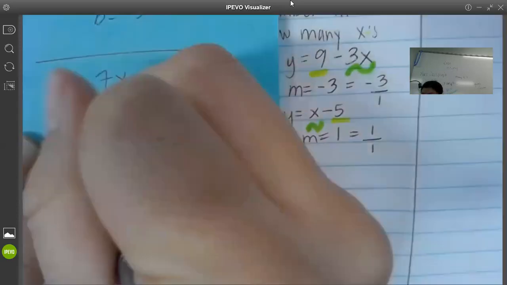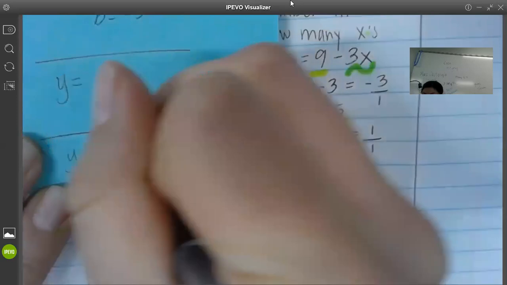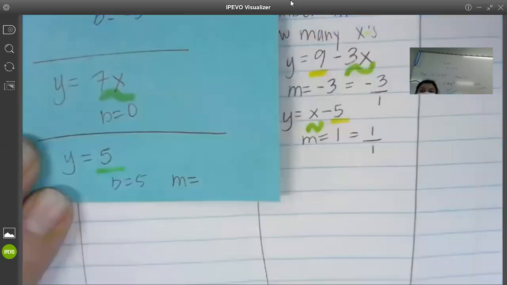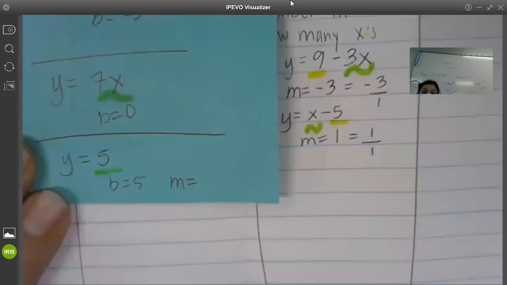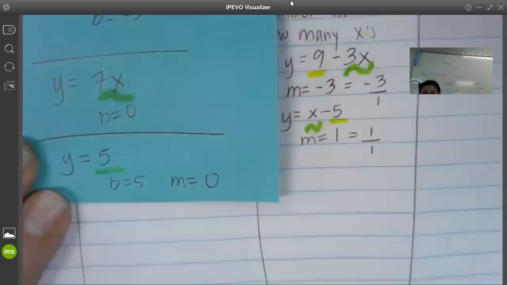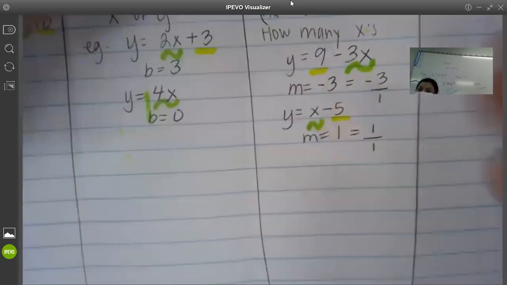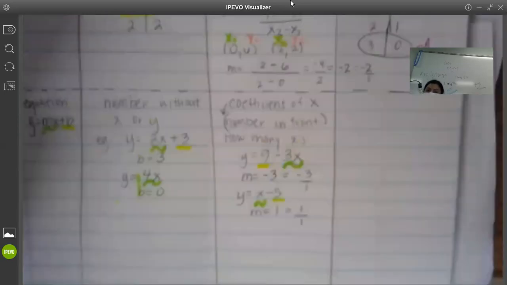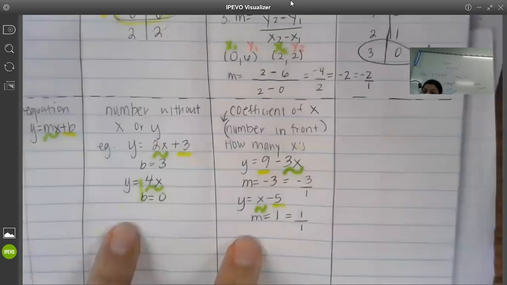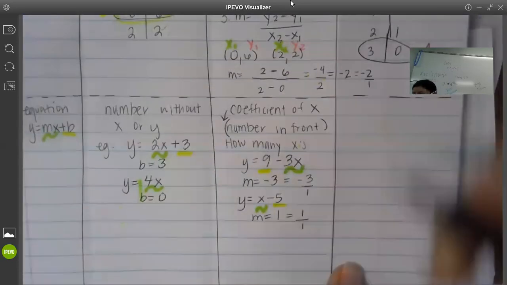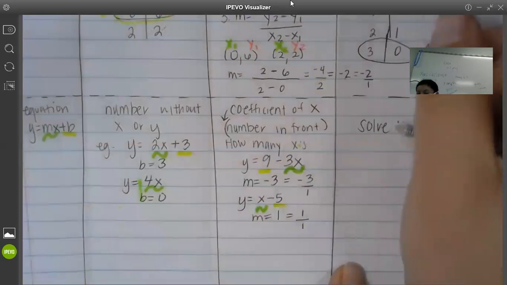That would mean my beginning is 5, the one I underline. What about my slope? How many X's do you see? You don't see any, so your slope is 0. Now, for the X-intercept, you have to solve, which will be another day.